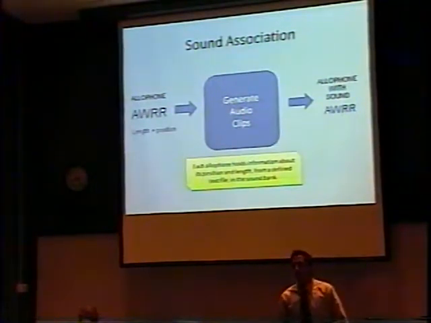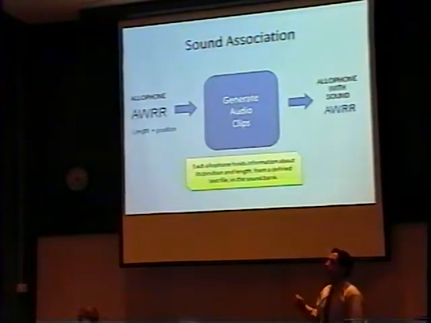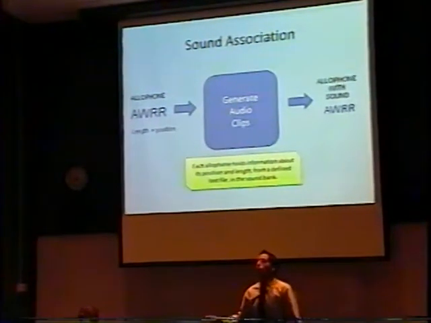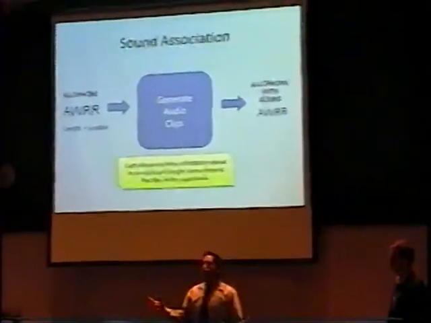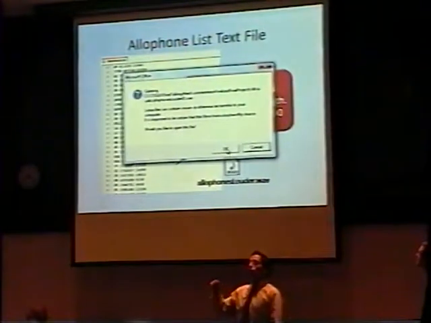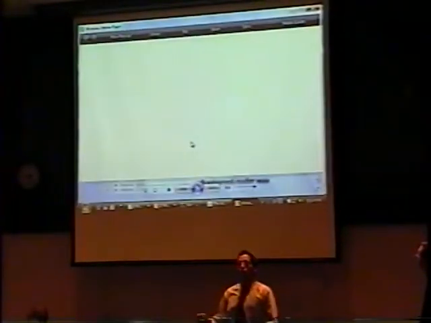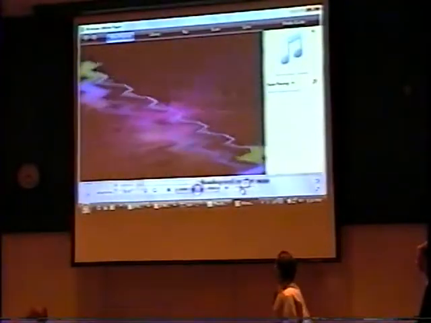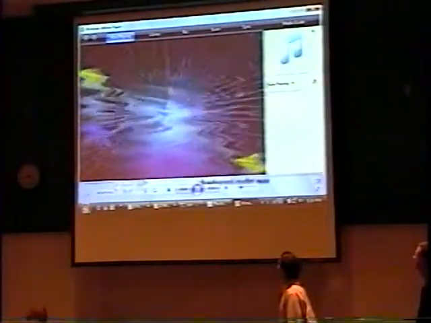With the allophone, what we wanted to do is associate a specific sound. On our WAV file, the sound file that we have in memory, we have recorded all the allophones that we have. We have 72 allophones.